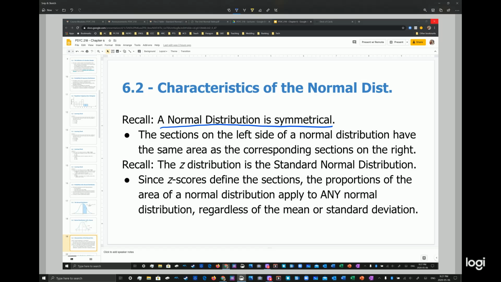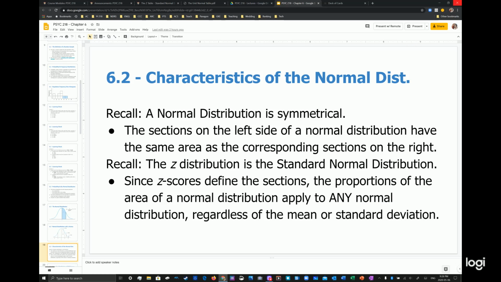So the section on the left side of a normal distribution would have the same area on the corresponding right side, same area. And also, the z distribution is a standard normal distribution. It's normally distributed, but the scores are z-scores. So that's why we can use this for z-scores, because it applies to any normal distribution, regardless of what it is, because we're measuring z-scores by standard deviations.